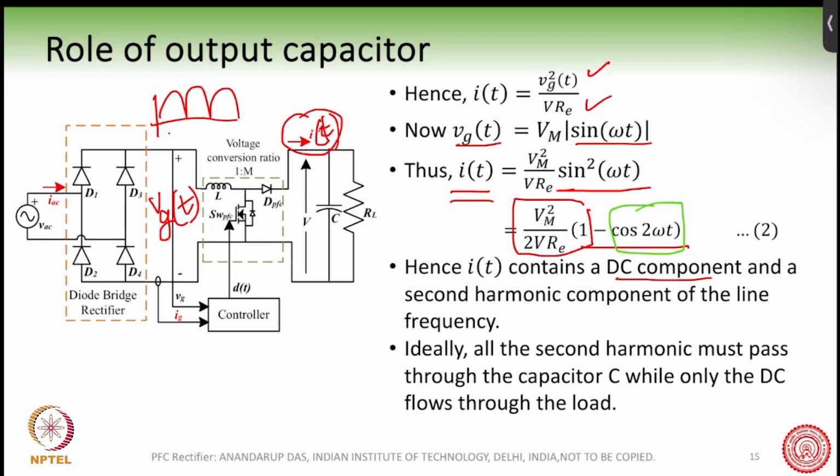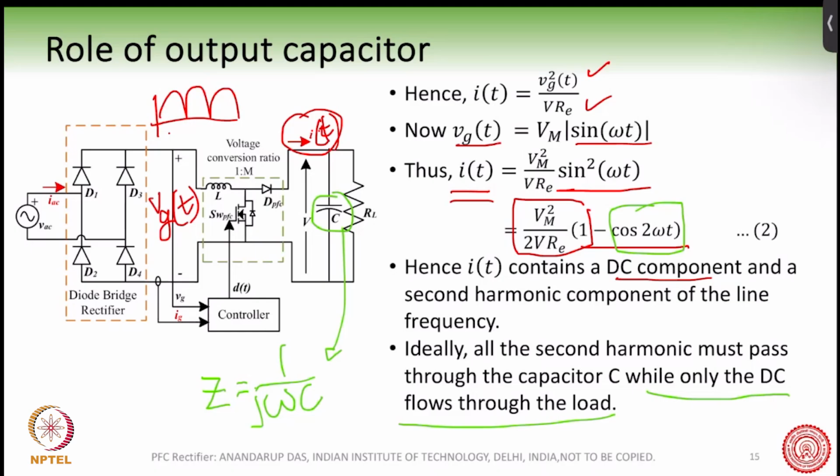Now, as we know, a capacitor has infinite impedance at DC, because the impedance of the capacitor is 1 by omega C, and at omega equal to 0, the capacitance has infinite impedance. So ideally no DC can flow through the capacitor, and all the DC will flow through the load.